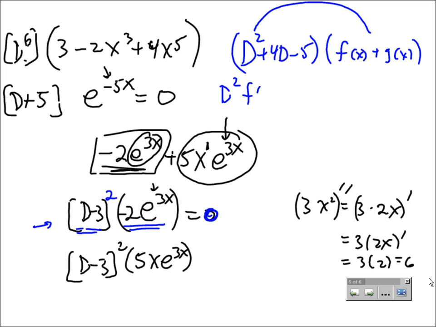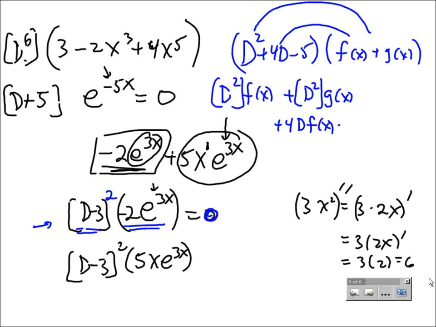It's the second derivative of f of x plus the second derivative of g of x. And then you do 4 times. You get 4 times the derivative of f of x plus 4 times the derivative of g of x.